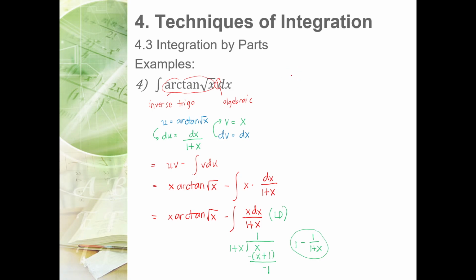So next would be rewriting the equation. That would be x arctangent square root of x, and then minus the integral of 1 minus 1 over 1 plus x, then dx.